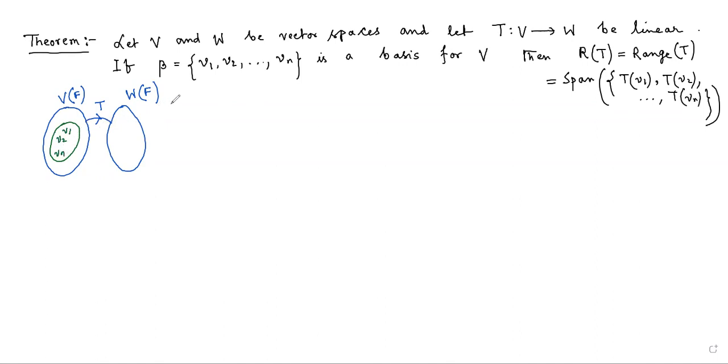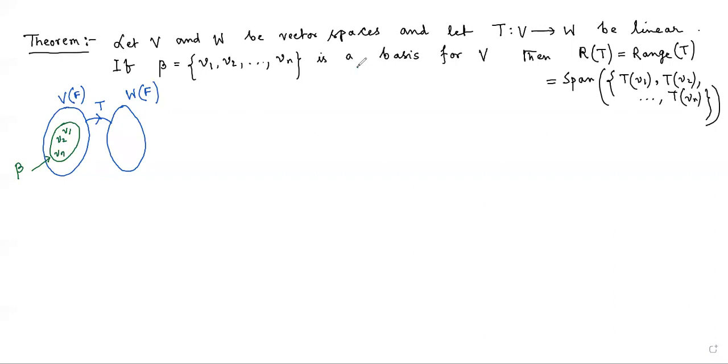Now, if this set in green color, I'm considering this set to be beta, that means beta is containing some n elements of the vector space.